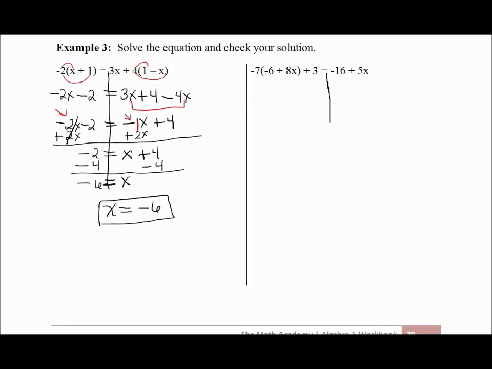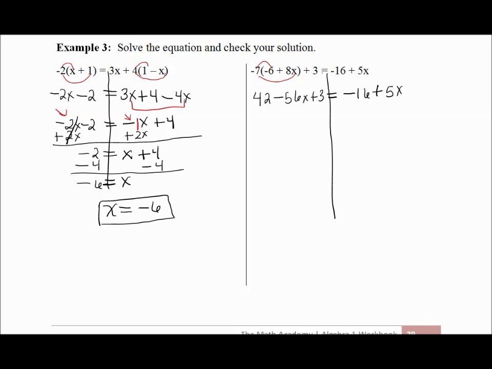On this next problem, I'll distribute -7, and -7 times a -6 gives me a positive 42, and -7 times a positive 8x gives me a -56x. I'll bring down my 3, -16 on the right, plus 5x.